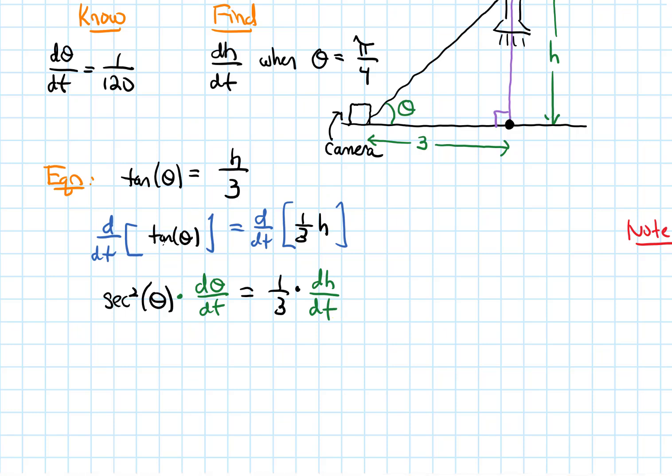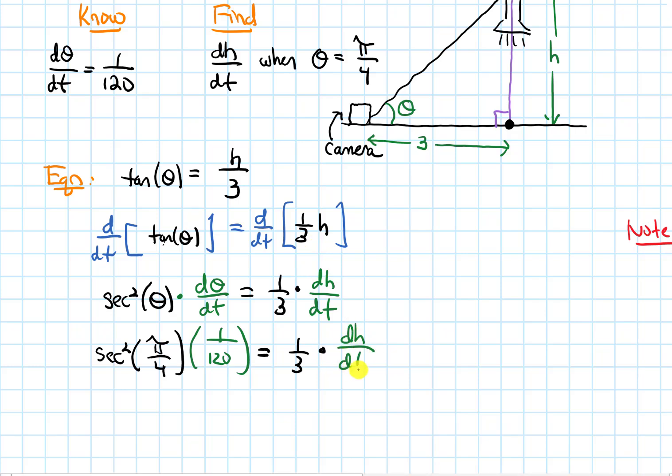Now let's plug in our values. We get secant squared, and I'm going to plug in that theta is pi/4, times d theta dt, which is 1/120. On the other side, that equals 1/3 times dh dt, which is unknown.